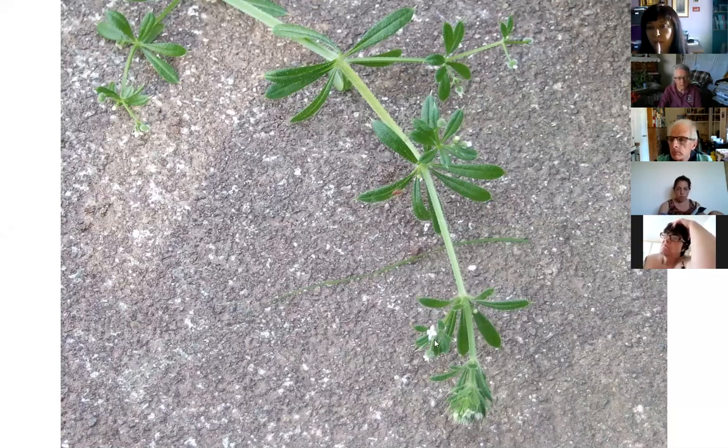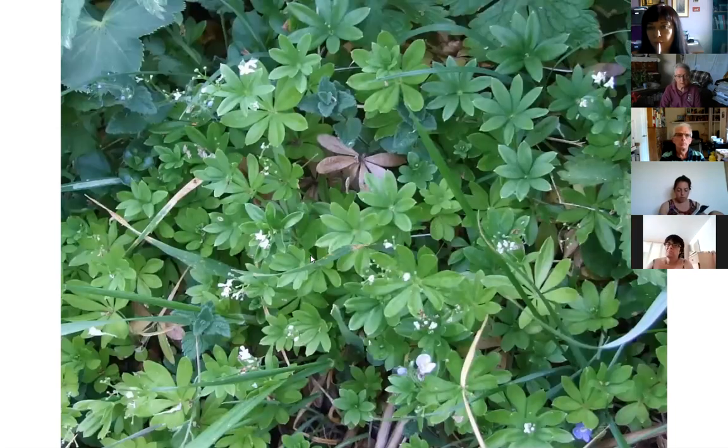The flowers are little tiny things, mostly white, with 4 little petals, which are actually all joined together below that. And on cleavers, of course, you get these burry seeds, not on the others. So if you find something with whorls of leaves like that, or indeed like that, then you've got a bedstraw.